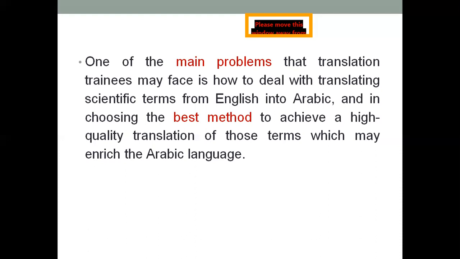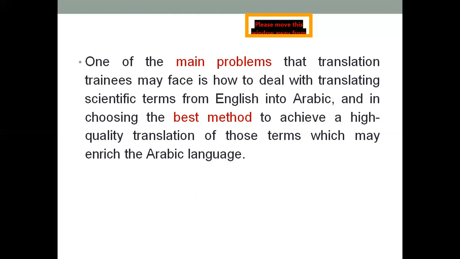The main problem is that scientific translation usually deals with new inventions, new discoveries, new concepts and new theories which are not found in the target language. Thus, the equivalent terms are not found as well.